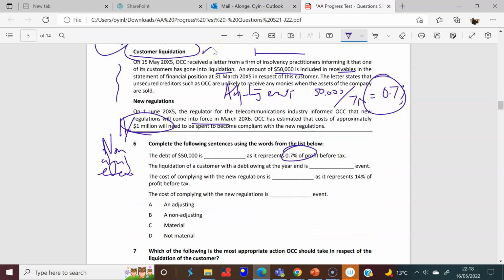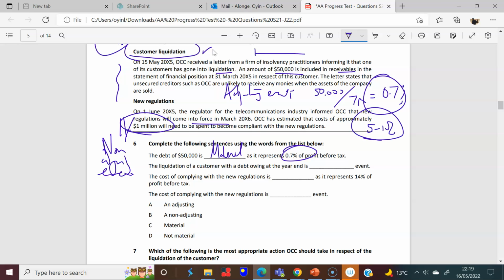So what do we have here? The debt of 50,000, it is an adjusting event. Sorry, that's not what they're asking. It says that, first of all, the debt of 50,000, 0.7%, is not material. Right? It just isn't. It's less than 5 to 10%.